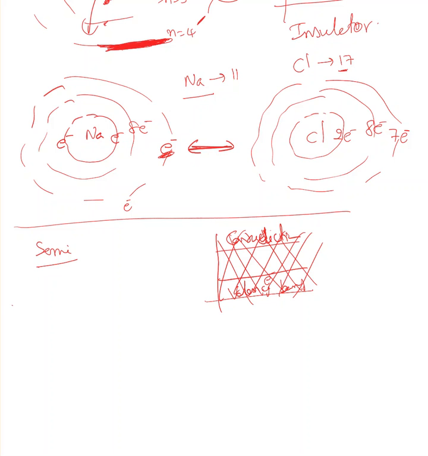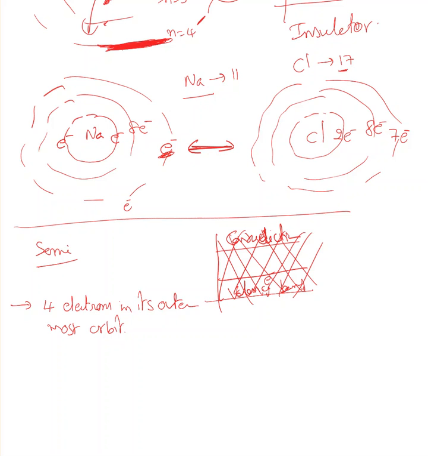There is another way of defining a semiconductor. It always has 4 electrons in its outermost orbit. So semiconducting materials have 4 electrons in the outermost orbit.